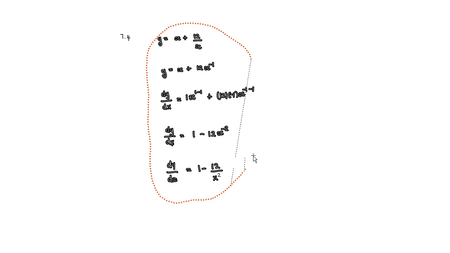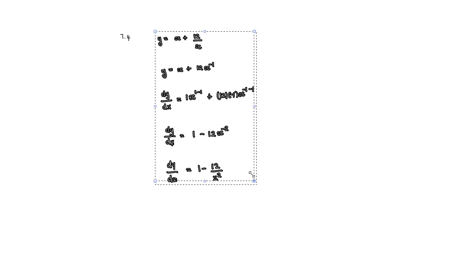So we now have the general derivative function that can help us get the gradient at any point along this curve y equals x plus 12 divided by x. Our point of interest is x equals 2. So dy by dx at x equals 2 is equal to 1 minus 12 divided by 2 squared.